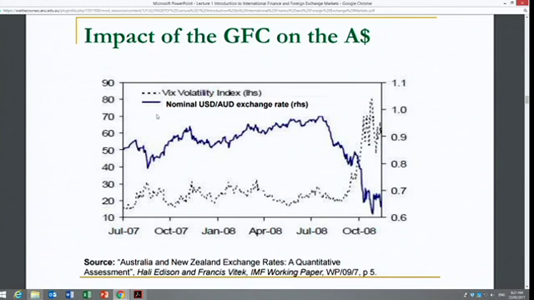Now note that when we're talking about this exchange rate, we're talking about a nominal exchange rate. What does nominal mean? Nominal means what you have in terms of its stated value, okay, its face value. And this is in contrast to the idea of the real exchange rate.